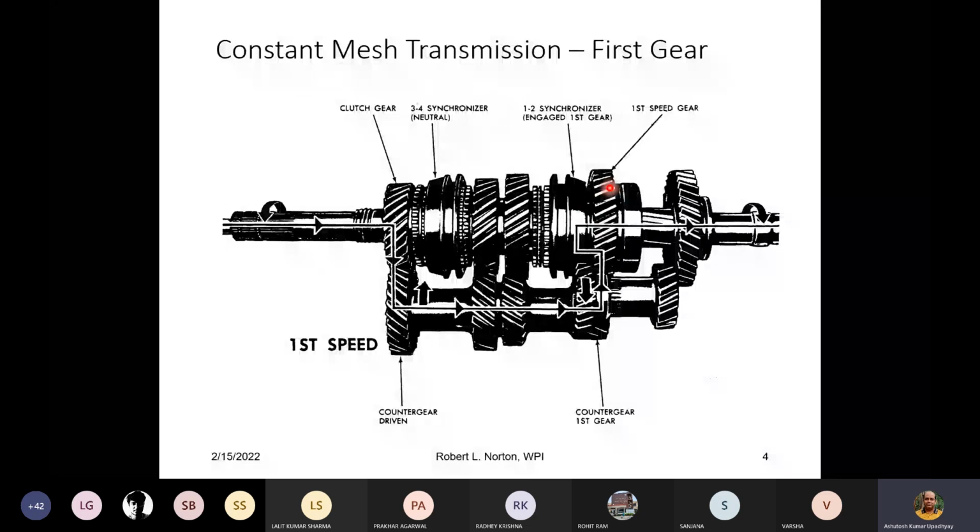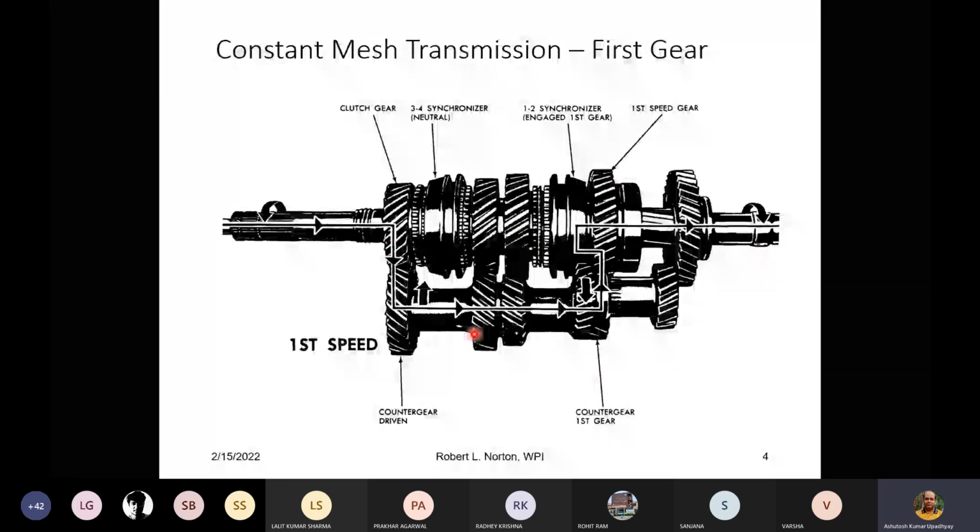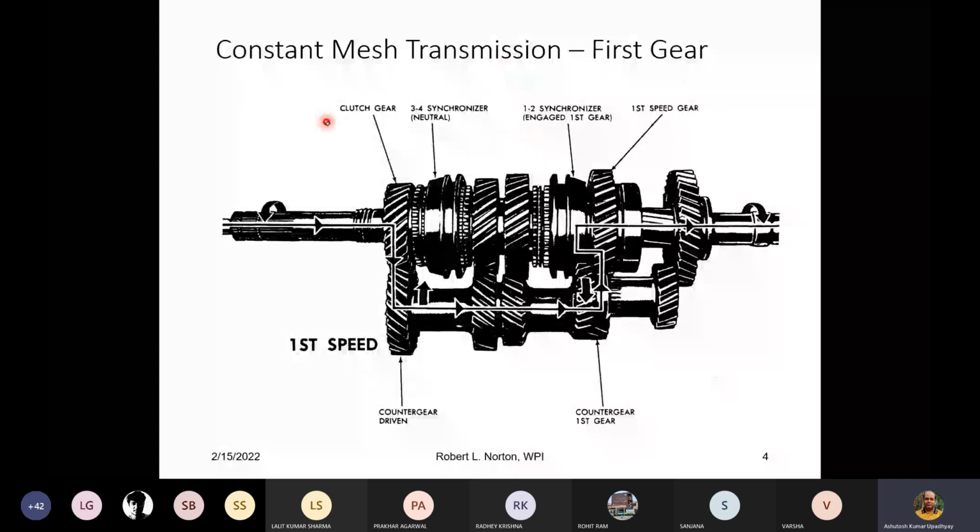Okay, so that way you will be able to transmit the smooth motion. So this constant mesh, I will say that this synchromesh, synchronized one, is nowadays in use in our manual transmission systems. Okay, the gears will always be helical because they create a lesser amount of noise.